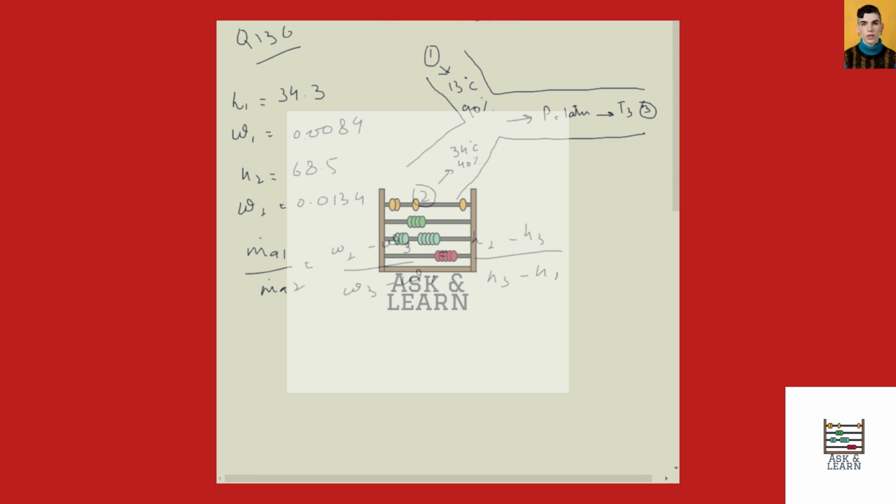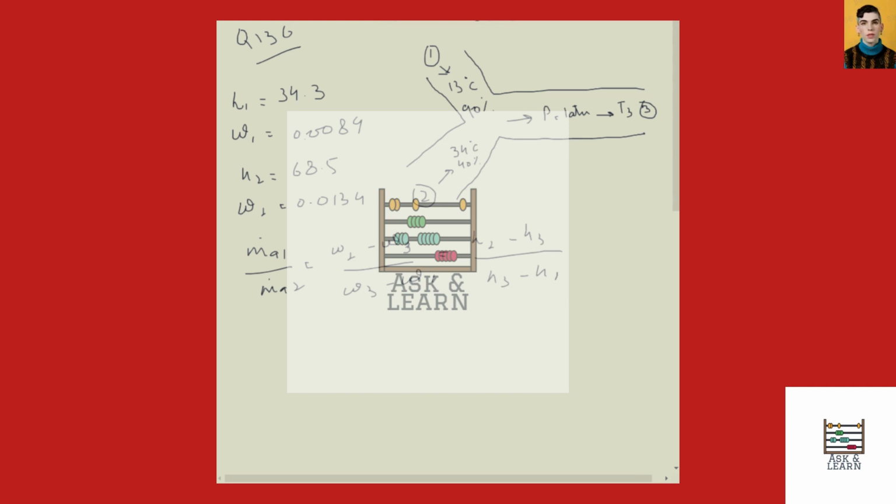But the state 3 is not completely specified because all the concerned parameters are not given. However, we know that state 3 is on the straight line connecting state 1 and state 2 on the psychrometric chart.